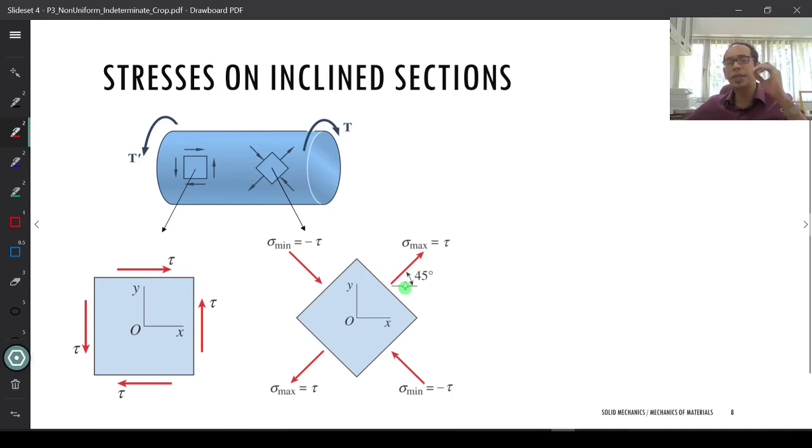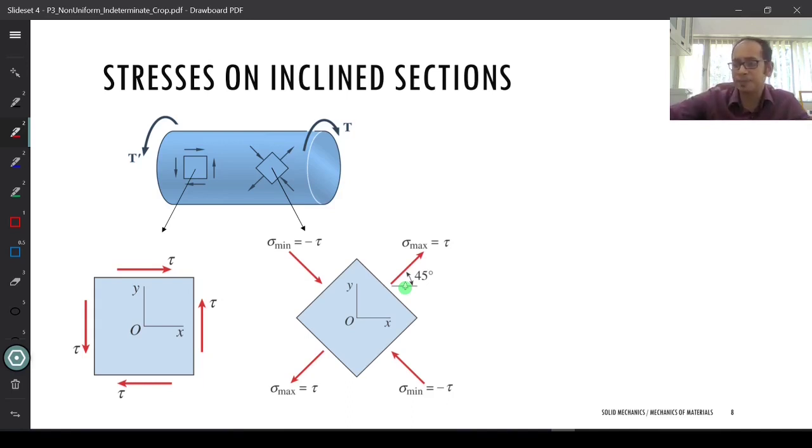So it's such an interesting scenario where you have this circular shaft where every rectangular element has pure shear, but within the same shaft, if you look at an angle of 45 degrees, those elements aligned at 45 degrees are only experiencing normal stress.